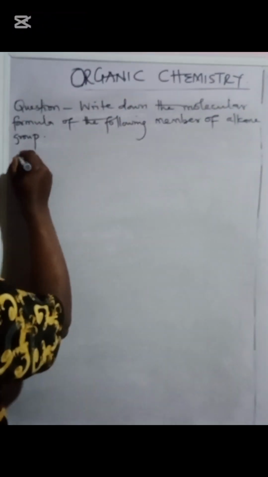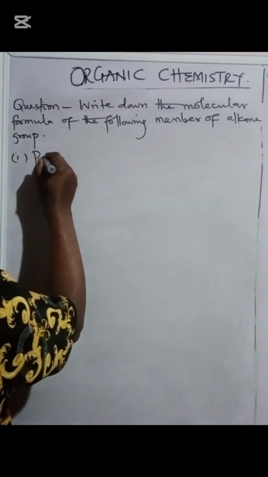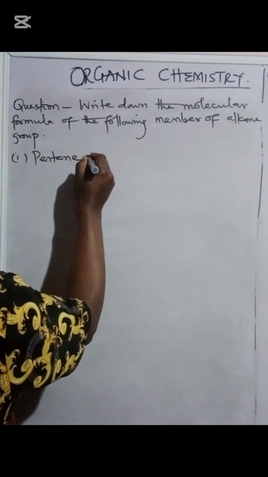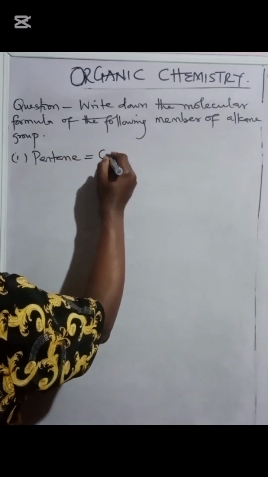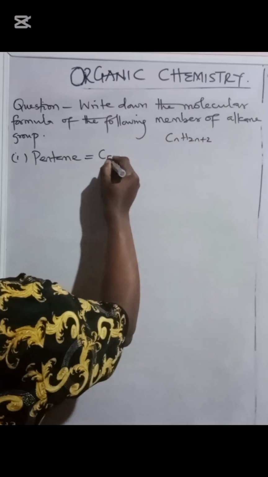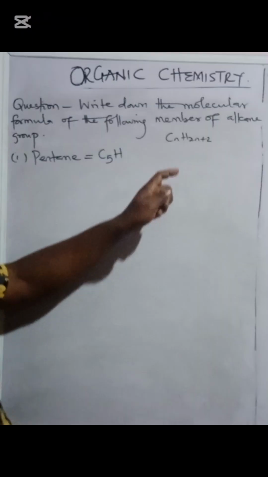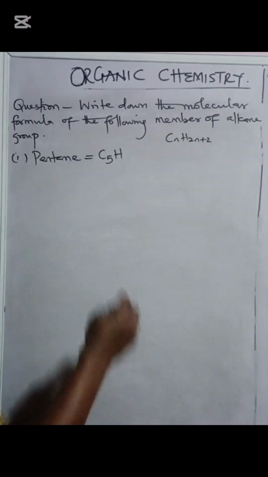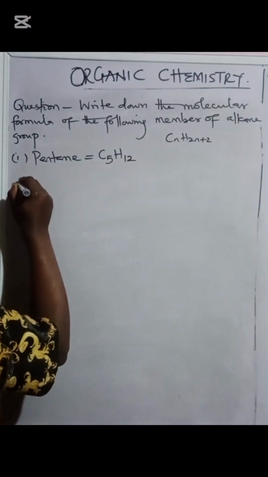We have one, they say pentane. Pentane, you know, pent is 5. Use the formula CnH2n plus 2. So it will be C5H, 2 times 5, 10, 10 plus 2, that is 12. That's the formula.